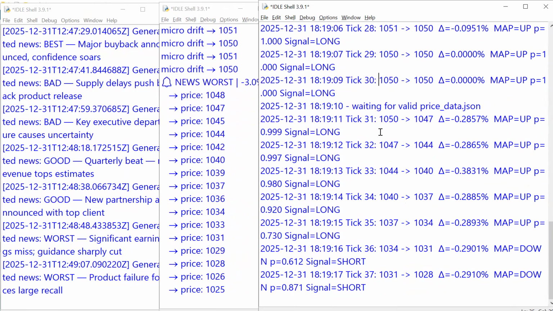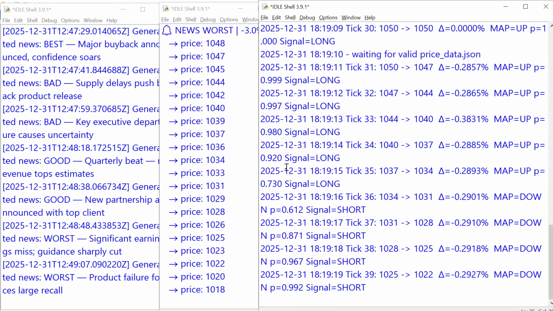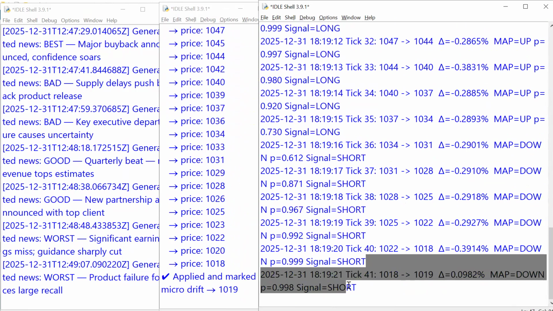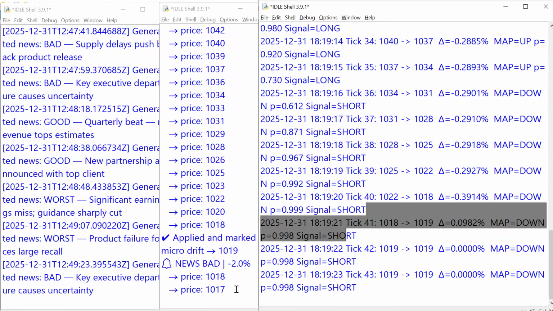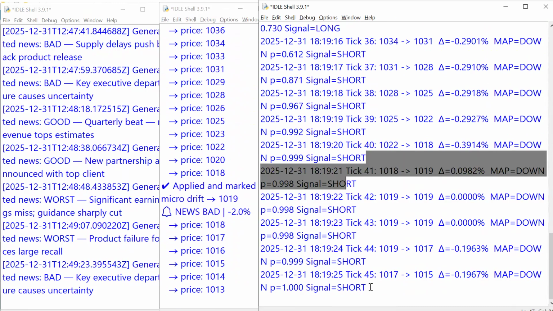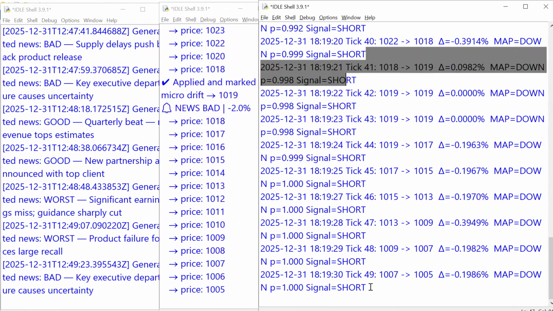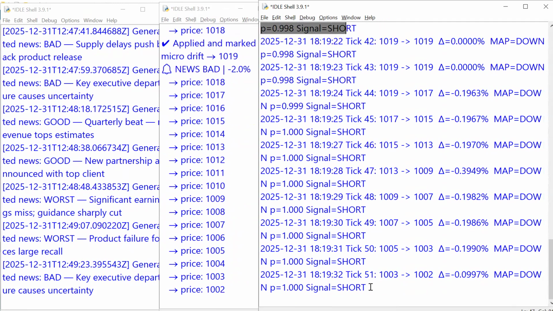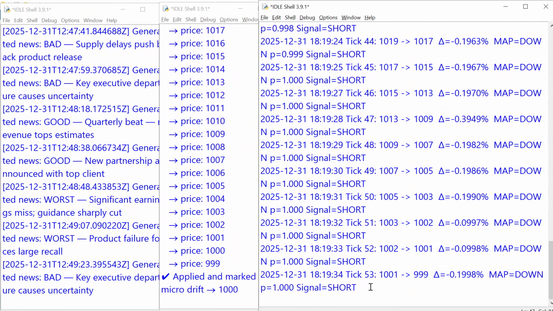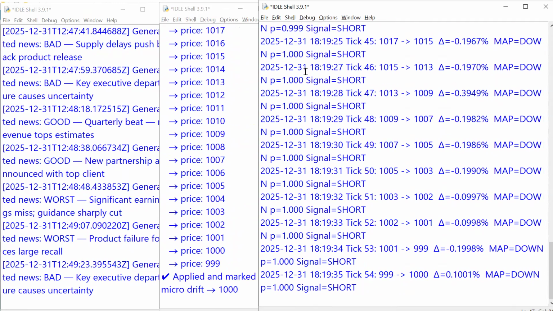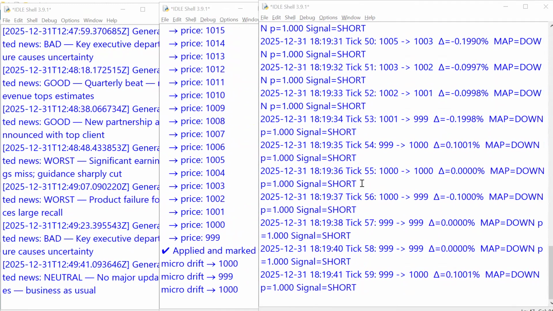It's still saying go for a long. Now it says go for a short. Okay, a small drift, but it says go for a short only. The market is moving down like anything. The bad news has come, so that's why it is predicting the right way.